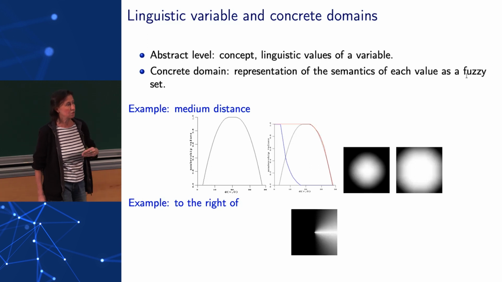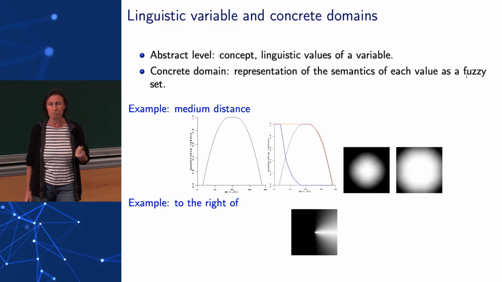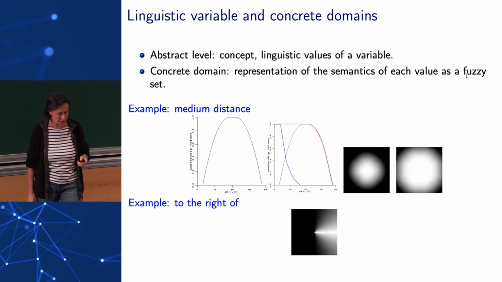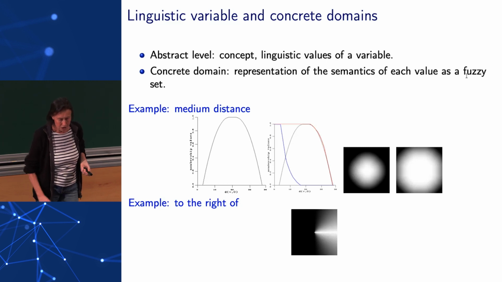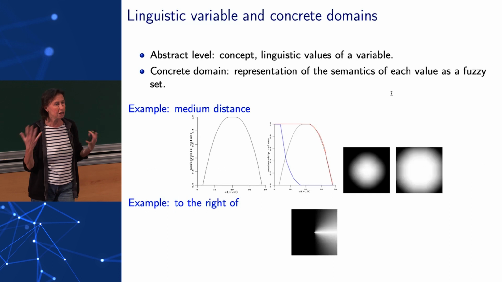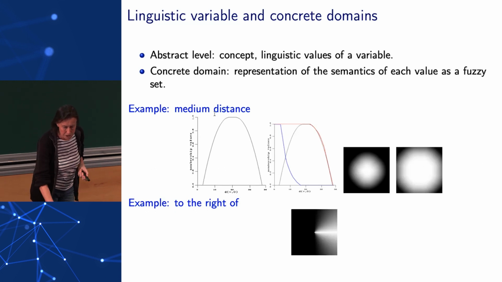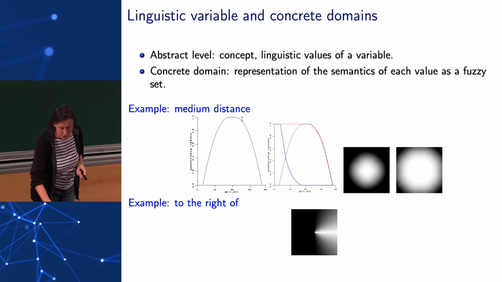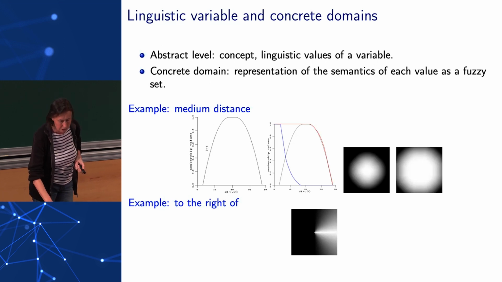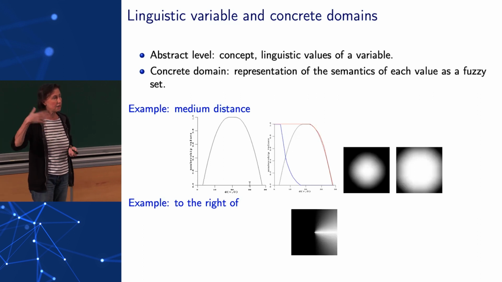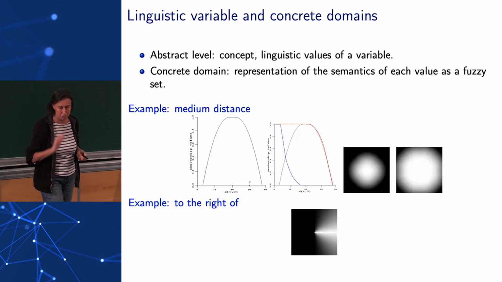This can be done using the tools of linguistic values in fuzzy set theory. If we know that an object is at medium distance of another one, we can represent what it means to be medium here as a fuzzy set on a set of distances. And then we can convert this into dilations in the image space.